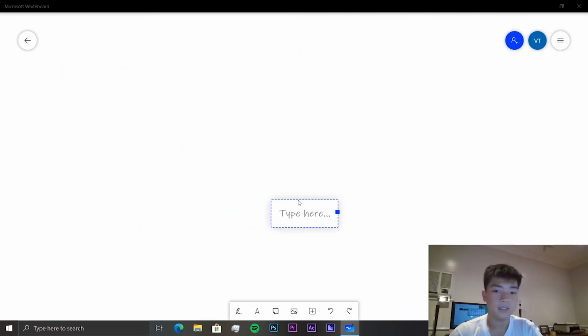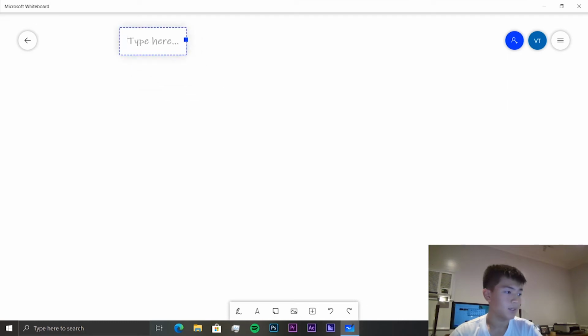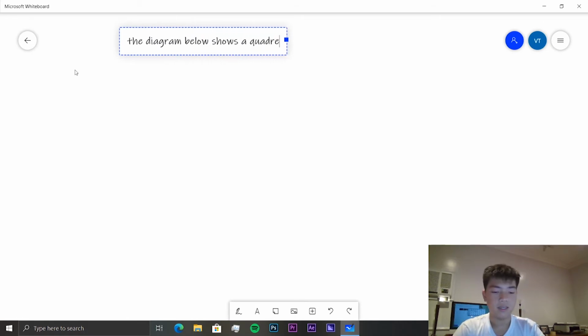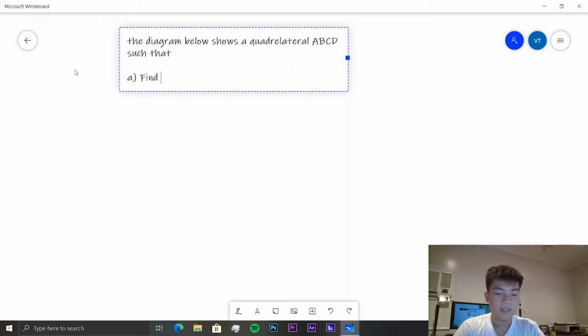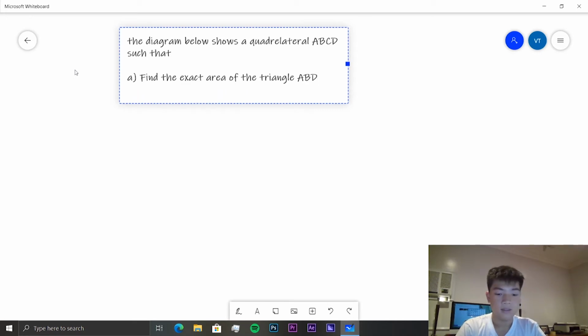So the first one is: the diagram below shows a quadrilateral ABCD such that, and I'll just label it. A, find the exact area of the triangle ABD. B, show that BD is equal to 5 square root 5 minus 2 square root 3.